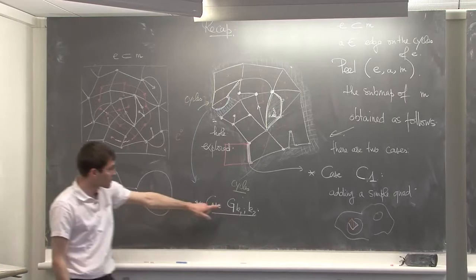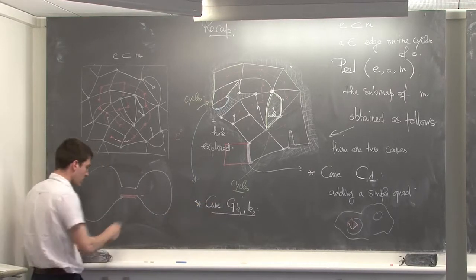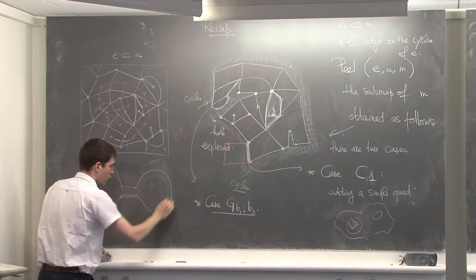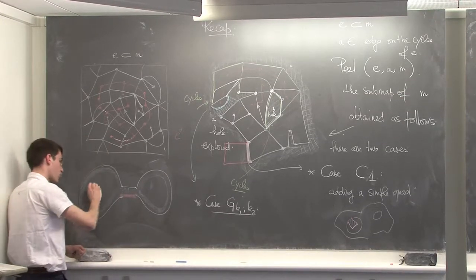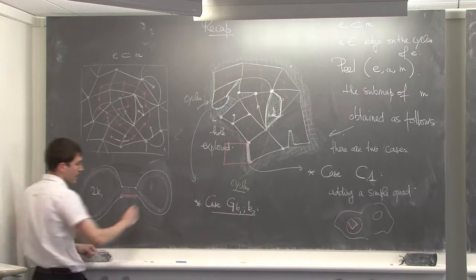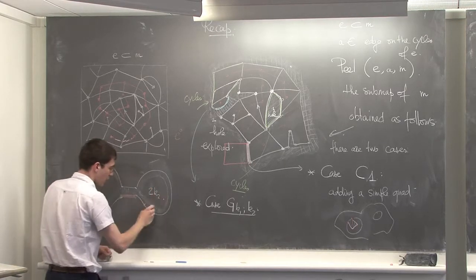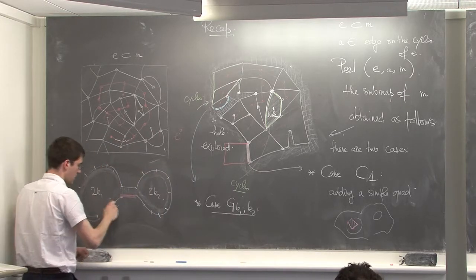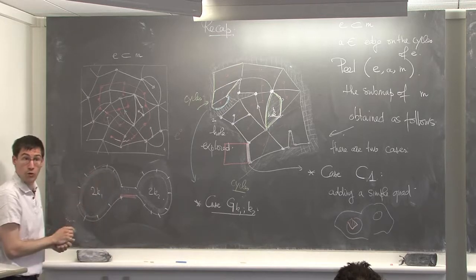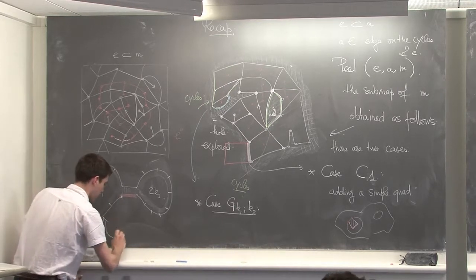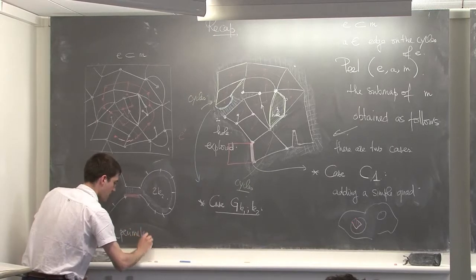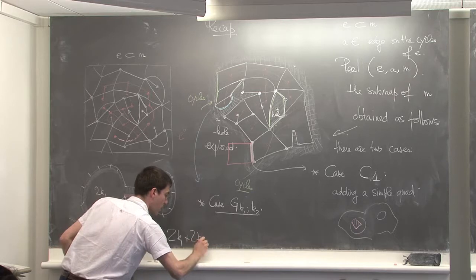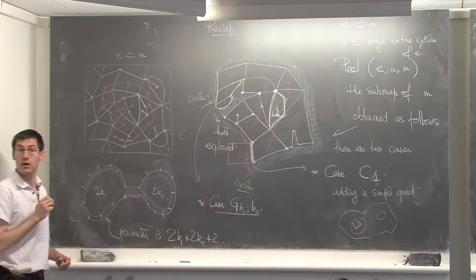Then the event G, k1, k2 will identify in my hole two edges, with 2k1 edges on the left and 2k2 edges on the right. So that means that the perimeter of my hole before, so before the perimeter of this cycle is 2k1 plus 2k2 plus 2. Okay?